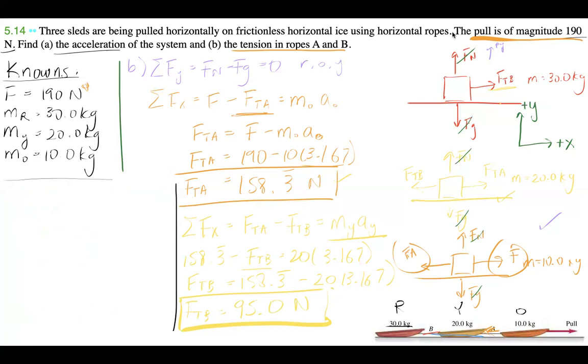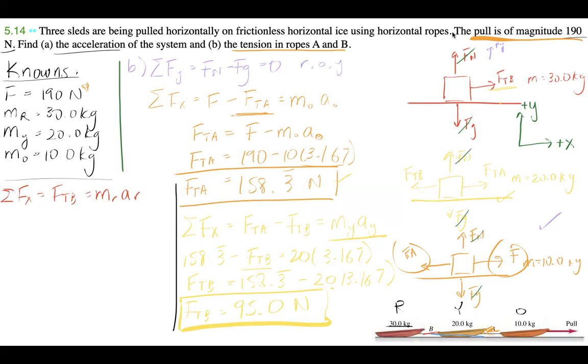If we write down the summation of forces in the X, we have just FTB. So FTB is equal to the mass of the red sled times the acceleration of the red sled.